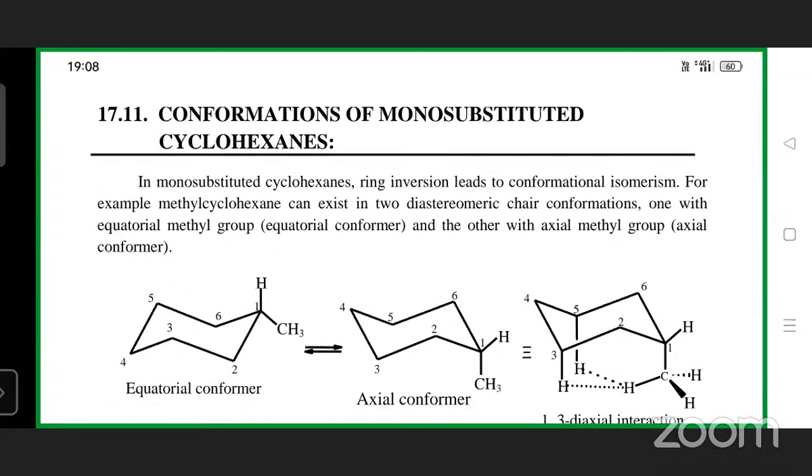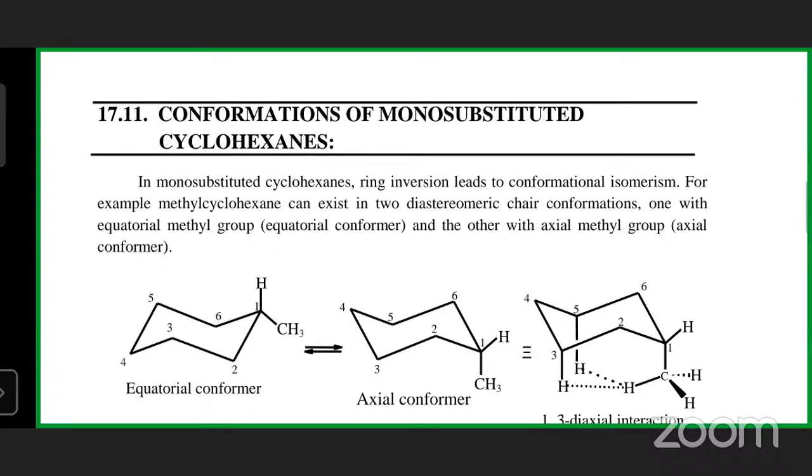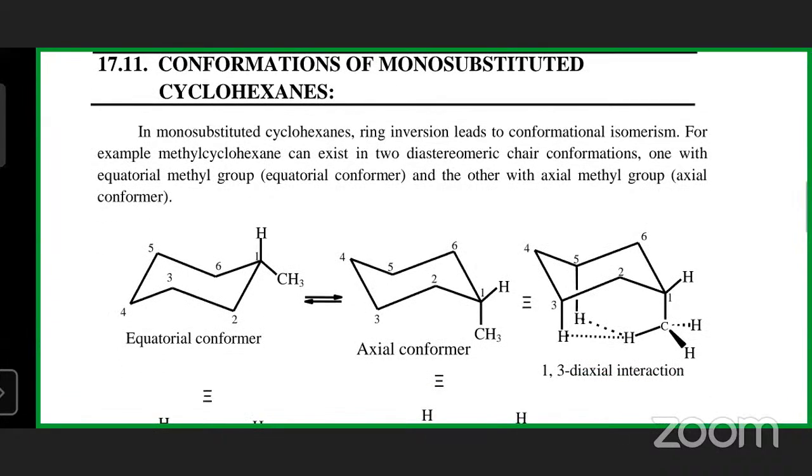Now we'll see the conformations of mono-substituted cyclohexanes. The conformation of substituted cyclohexanes is very important here. For unsubstituted cyclohexane, it is not that important to discuss, because all the hydrogens are equal, so there is no specificity.